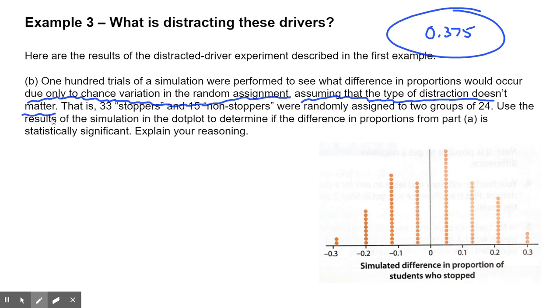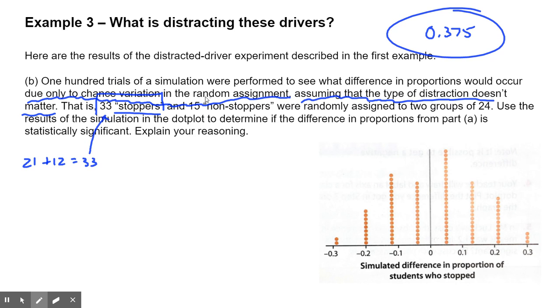Again, we're assuming that it doesn't matter. That is that 33 stoppers and 15 non-stoppers were randomly assigned to 2 groups of 24. Okay? So again, the 33 stoppers is the 21 that stopped in the passenger plus the 12 that stopped in the non-passenger or the cell phone.